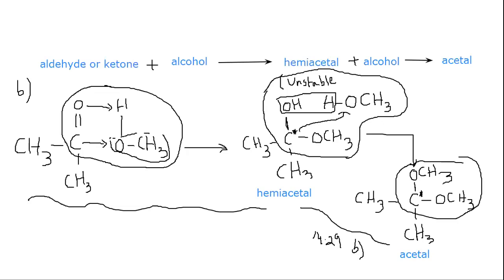Okay, let's solve 14.43b. B is pentanol, all is aldehyde. That's the answer for 14.43.